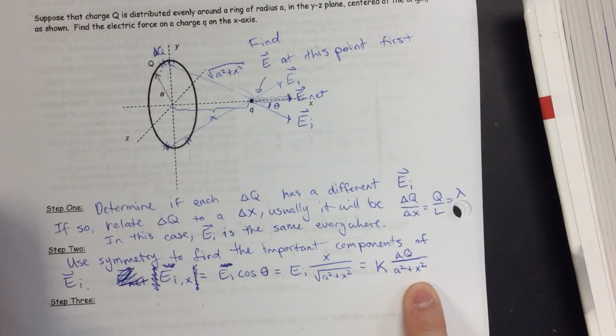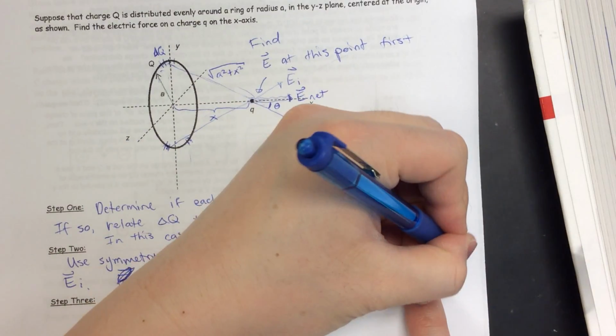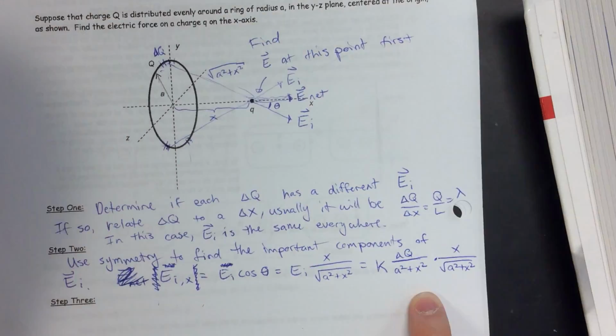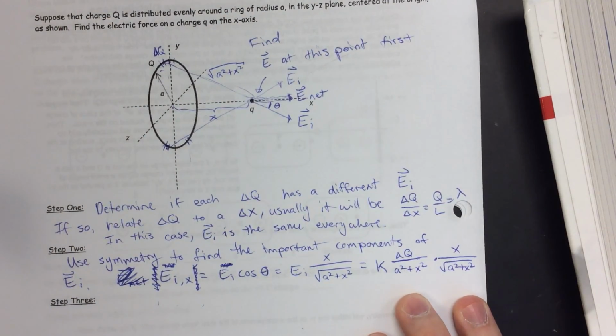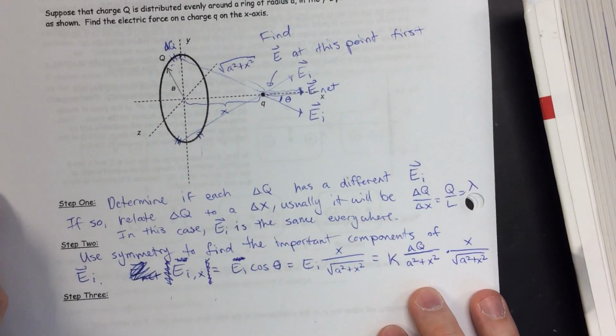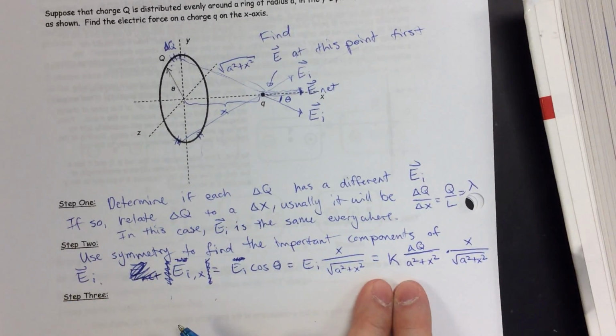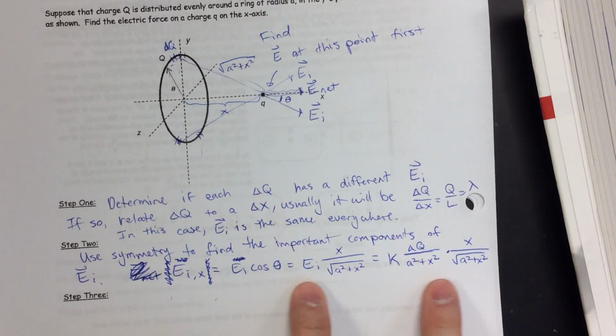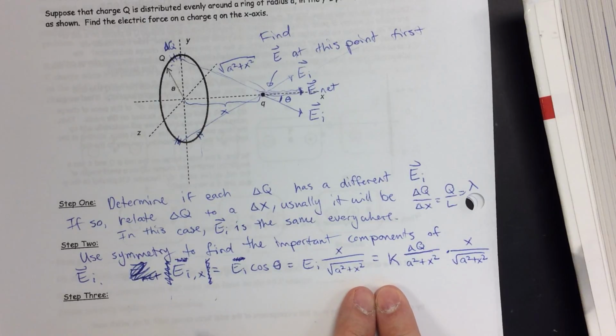Notice that the square root is gone because it's the square of the distance. And this is times x over the square root of a squared plus x squared. This is really the biggest part of getting to the integral, the part that I'm looking for you guys to learn how to do for now.